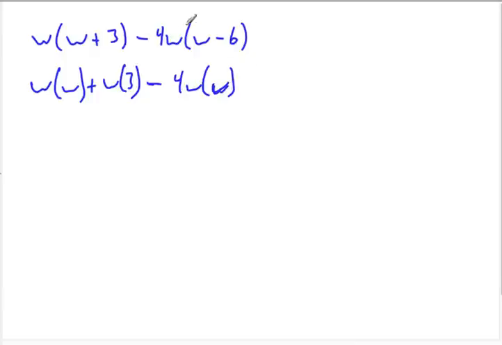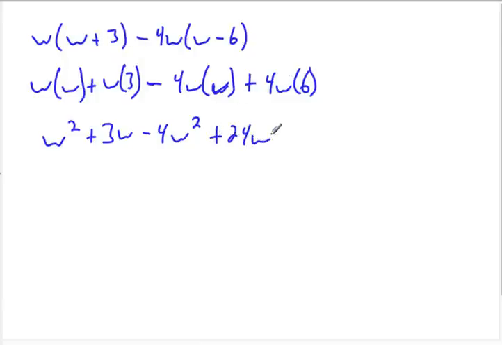And then here we have a negative times a negative, so it's going to end up being positive 4w times 6. Okay. So we multiply here, and we get w squared plus 3w minus 4w squared. Sorry, my w's are looking a little weak there, but these are all w's. Then we have 4 times 6 is 24, and then there's a w there.